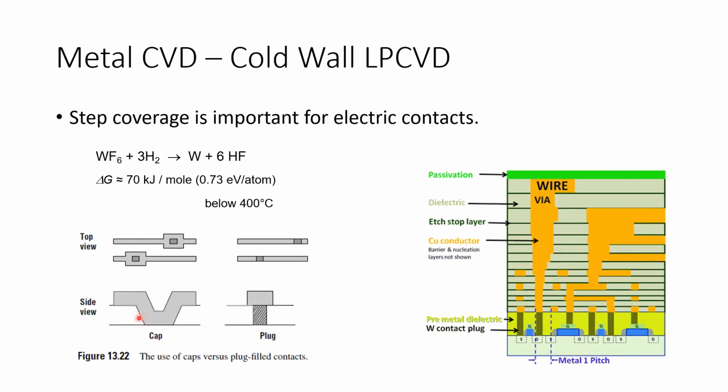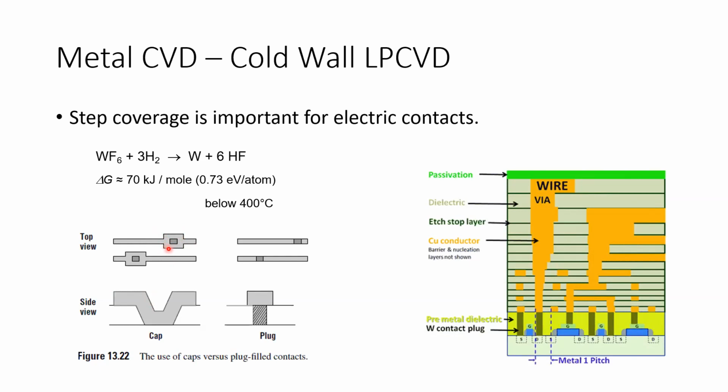And we also can use a cap like here. This cap and the sidewall take place, so we have less contact in a certain area. If you look at the top view, we can also see this. It takes a lot of space.